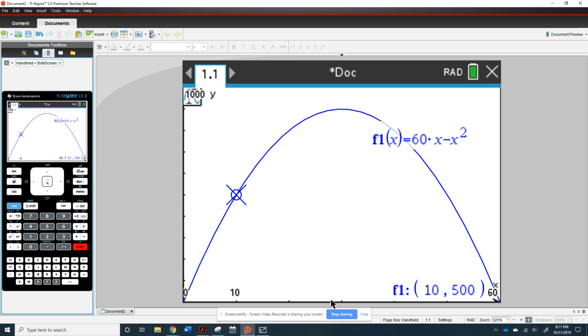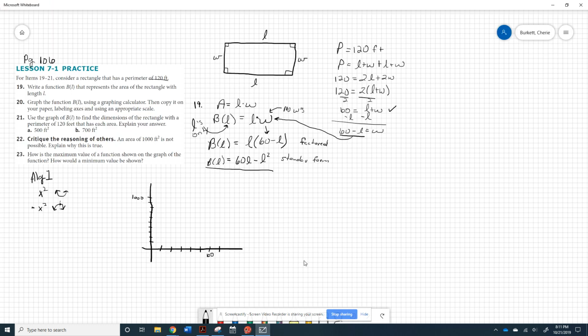Oh, and yeah, I do need to go back and label this. So this is length, this is L, and this is B of L. And remember, B of L stands for area. That's what we're doing over here on this side.